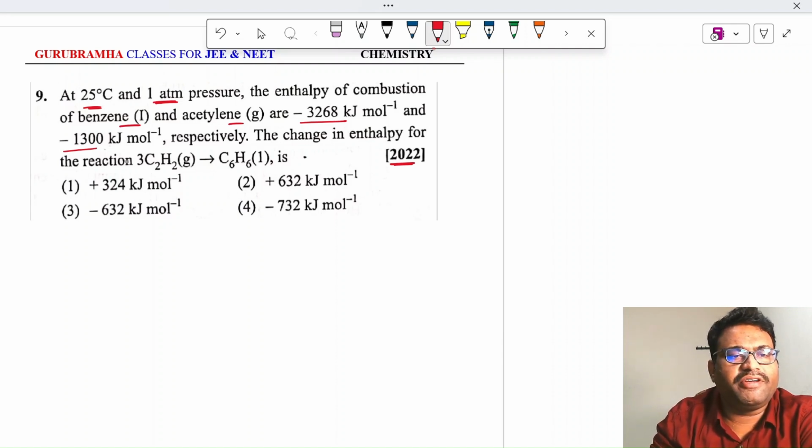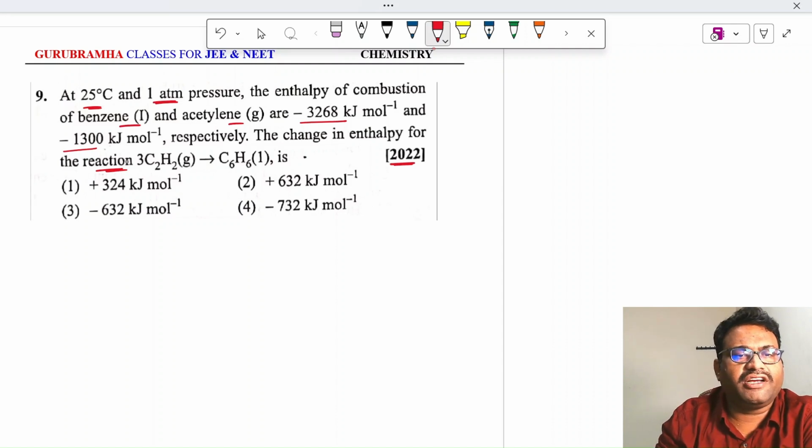The change in enthalpy of reaction is asked. Enthalpy of combustions are given. So let us solve in two ways.